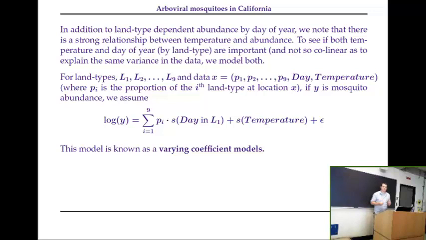Again, site-specific temperatures. This model is known as a varying coefficient model. It's a little funky because I'm fitting the S's, these two guys, but I'm not fitting the P's because they're specified. The reason I'd want to do this is that I can extrapolate from my locations to anywhere else in the state, maybe the country.